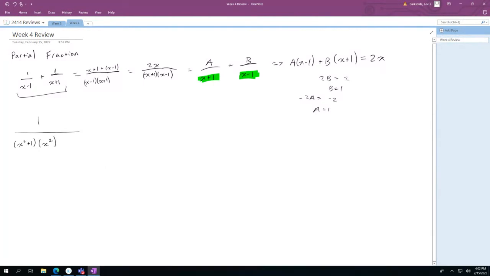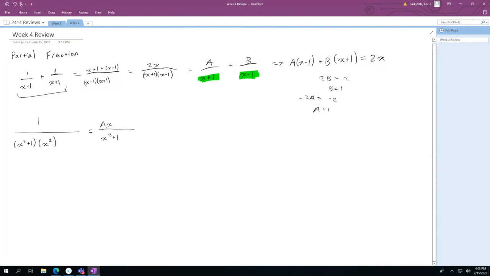Well, we can't actually just use regular constant a's and b's. In this case, we need to make sure that the numerator of each term has power 1 less than the denominator. So in this case, we're going to break this partial fraction decomposition down into something over x squared plus 1. But we need to make our numerator have a power of 1 less. In that case, 1 less than x squared would be x.